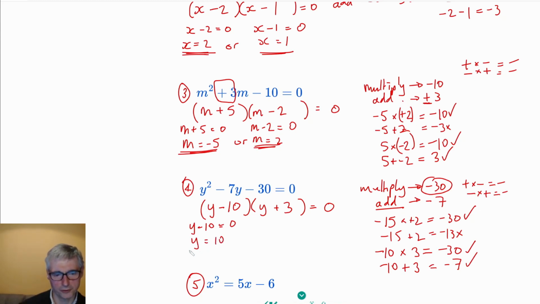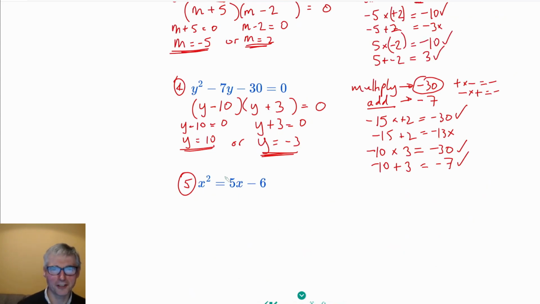So that will be the first solution. And for the second one, if y plus 3 was equal to 0, so the second bracket, then y would have to equal minus 3. So those are our 2 solutions, and again we usually say it's either that one or that one.